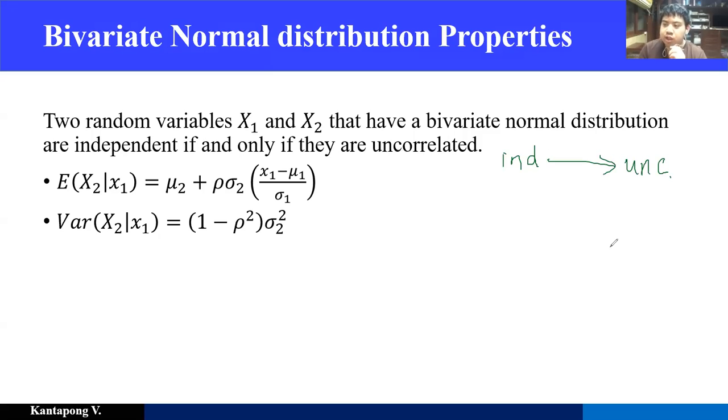But now if it is the normal, it can be. Because uncorrelated means rho equal to 0, it is easy.